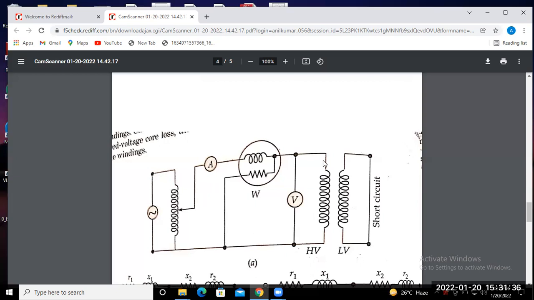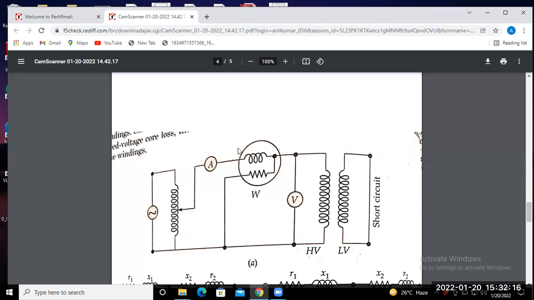Whatever the voltage rating of the HV side winding, only 2 to 12% is required, and at that instant the rated current flows. So standard instruments can be found in the laboratory. Suppose the HV side is 220 volt and the LV side is 110 volt. Then 12% of 220 volt is only required for the rated current to flow in the HV side.